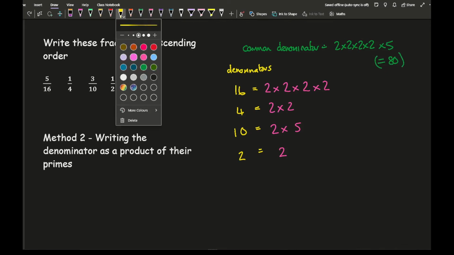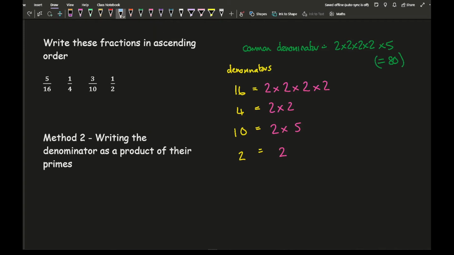And obviously that makes sense given the previous example. Let me change this pen so we've got one that can easily be seen. Here I need to multiply this one by 5. I need to multiply this one by 2 times 2 times 5. This one I need another 3 2s, and this one I need another 3 2s and a 5.